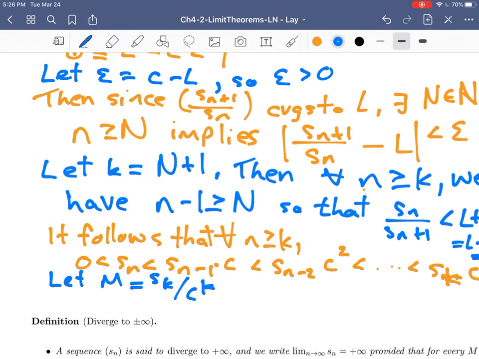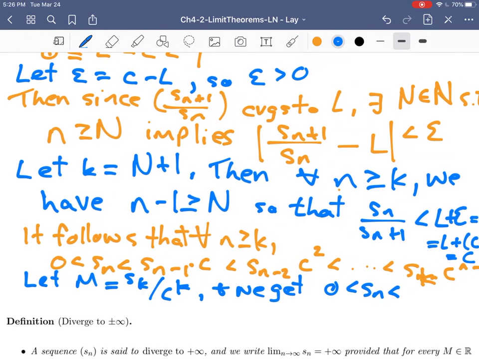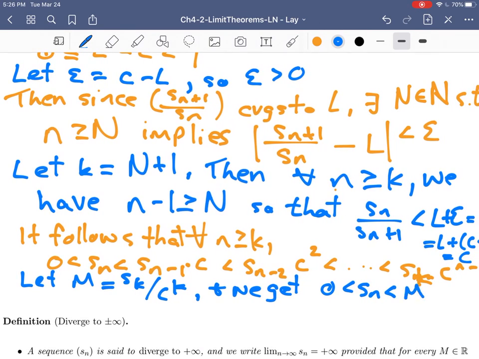And we get 0 is less than S sub n is less than M C to the n for all n greater than or equal to k.